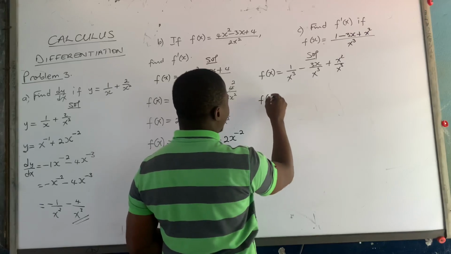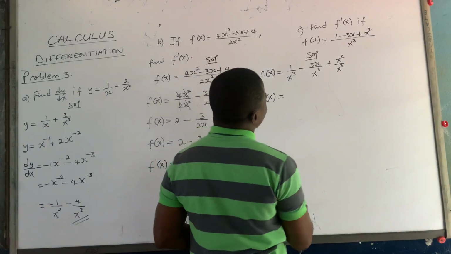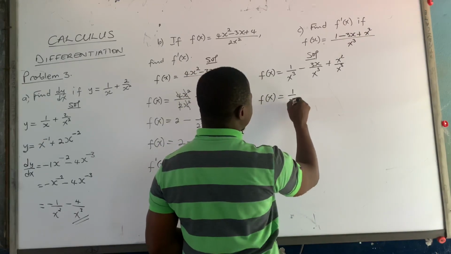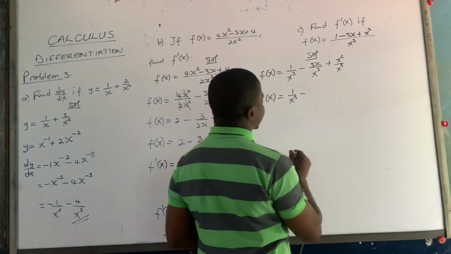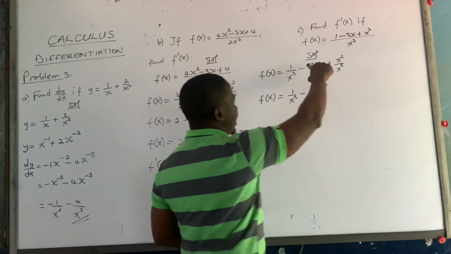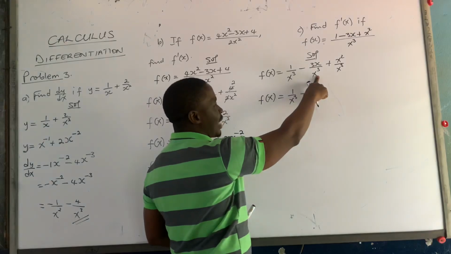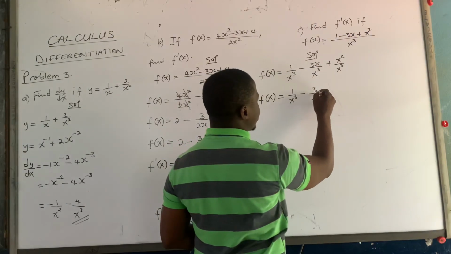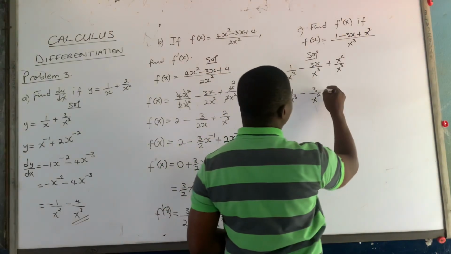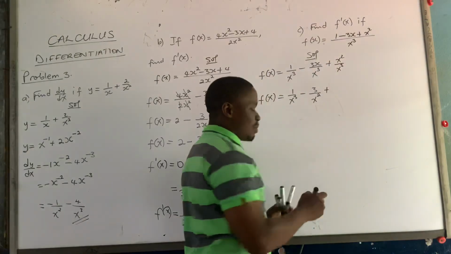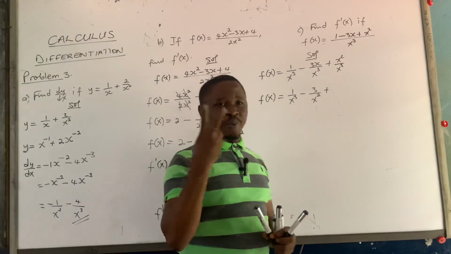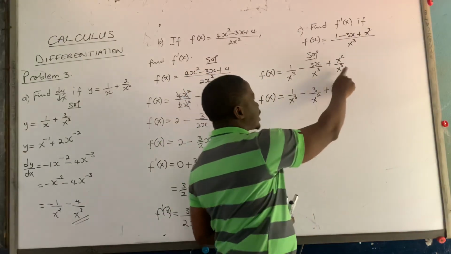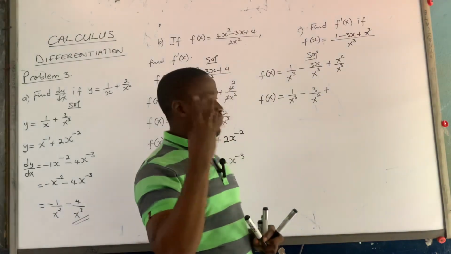So f of x is what? 1 over x cubed minus 3 over. This x takes away 1x here. There will remain x squared plus x squared means we have 2 pairs of x. x cubed means we have 3 pairs of x.